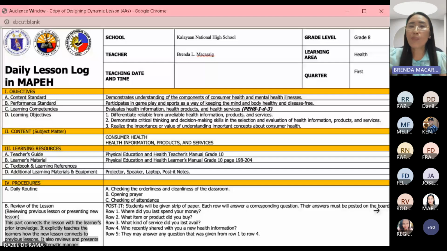Okay? Yan po yung naka-flash ngayon sa inyong screen. Okay? Sa ating screen, yung DLL.